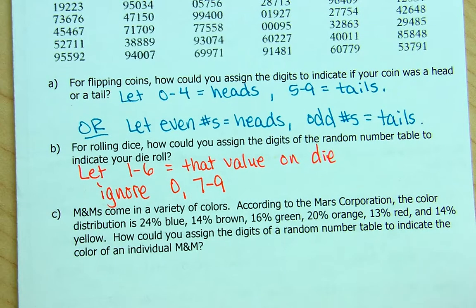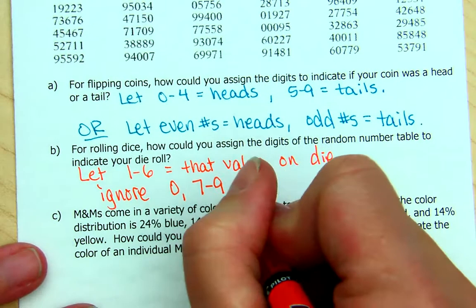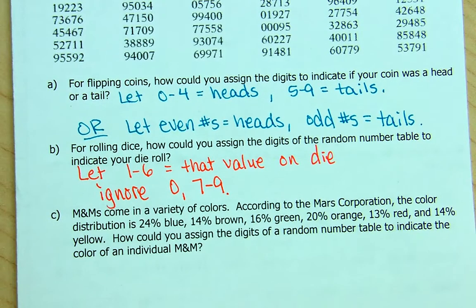So if you have more digits than you need, you can ignore stuff. Don't forget about that ability. You want to use as few digits as possible, and just remember you can ignore things.